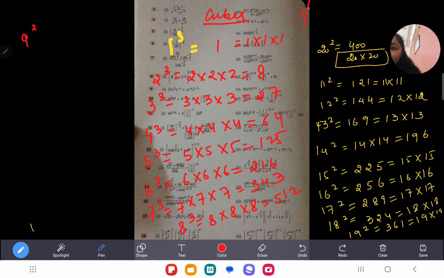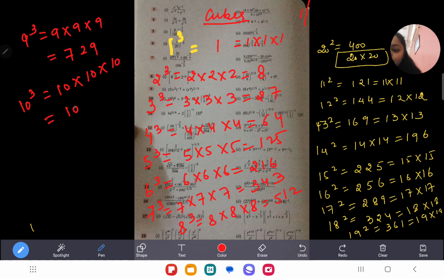Then we have 9 cube shall be 9 times 9 times 9, and that shall be 729. And 10 cube shall be 10 times 10 times 10, and that shall be 1000.